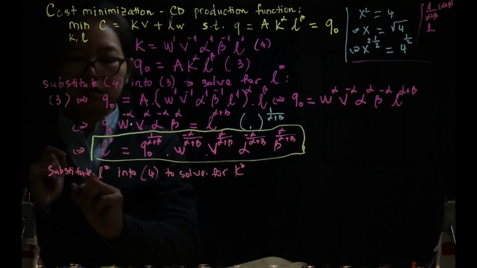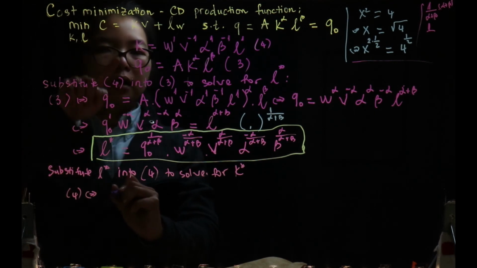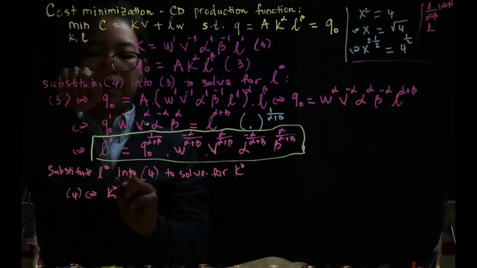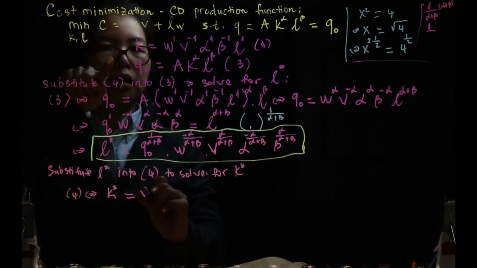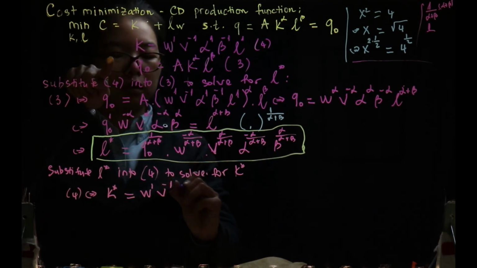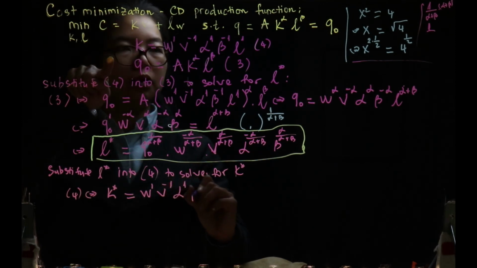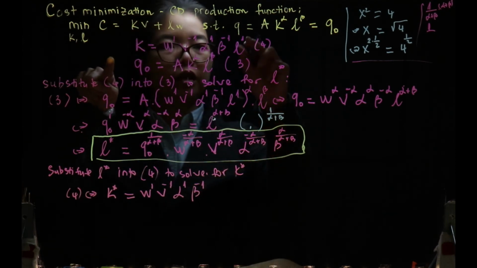That means from 4 we have K star, can already write here if we substitute everything, equals W 1 V minus 1 alpha 1 beta minus 1 and L, everything to the power of 1.